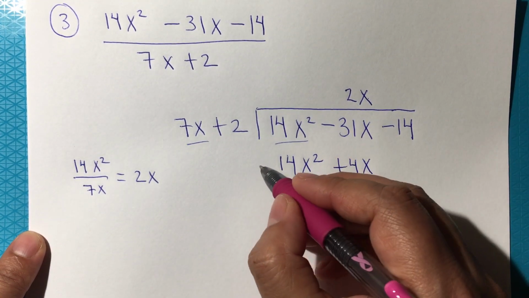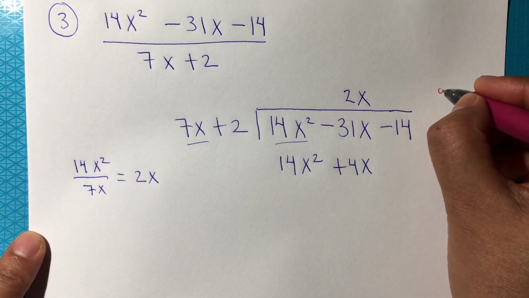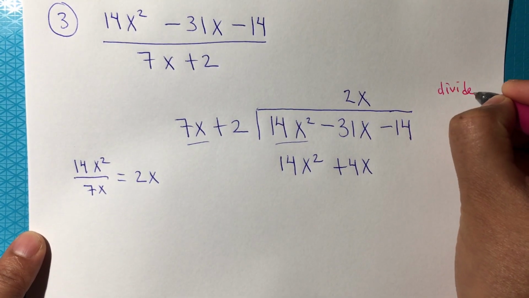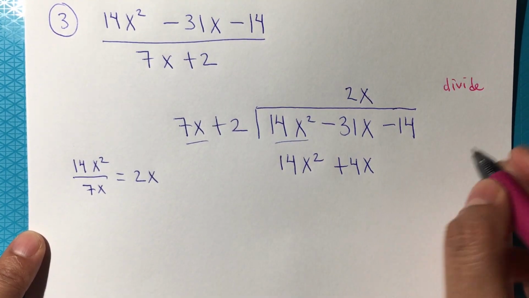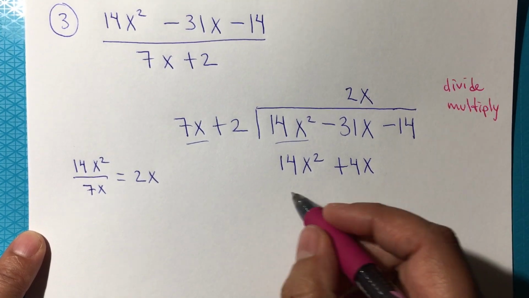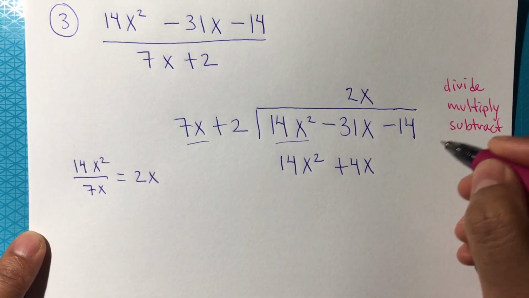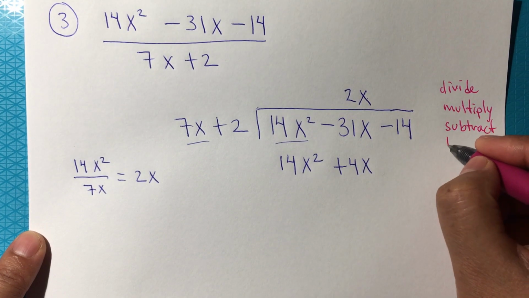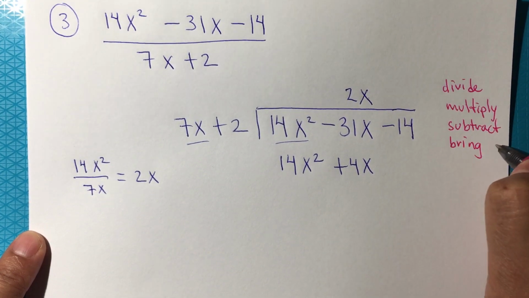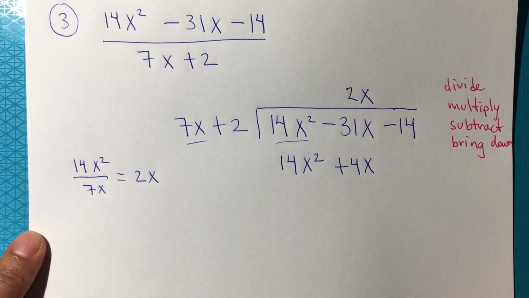However, we are subtracting in the next step, right? The first step is to divide. The second is to multiply. The third one is to subtract. And the last one is to bring down the next term.